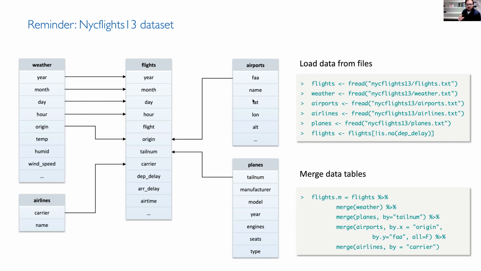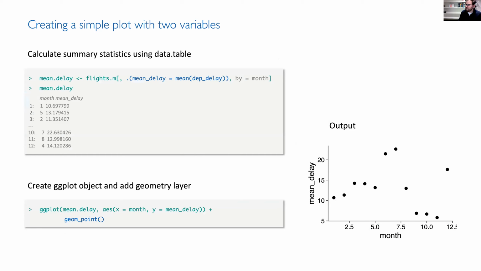So we merge all of these things together and we have a huge data table containing all of this information line by line and in a tidy format. We already did that 2 weeks ago.